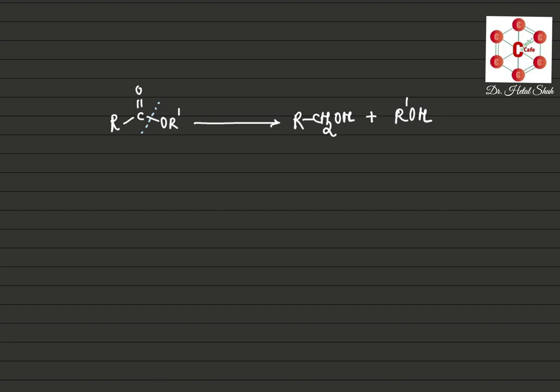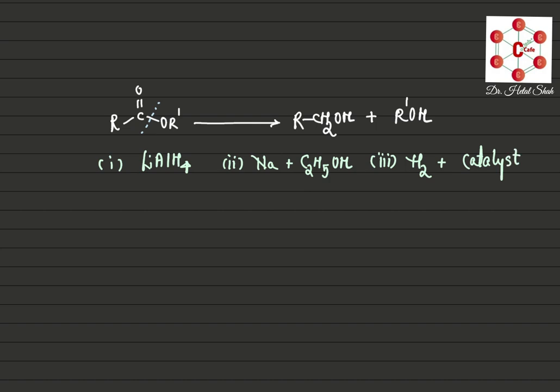So we have the first reducing system, which is lithium aluminium hydride, which is always there. Second is sodium plus ethanol, which is also very effective. And third is the most important method. It is H2 plus catalyst. This catalyst that they use is CuCr2O4.